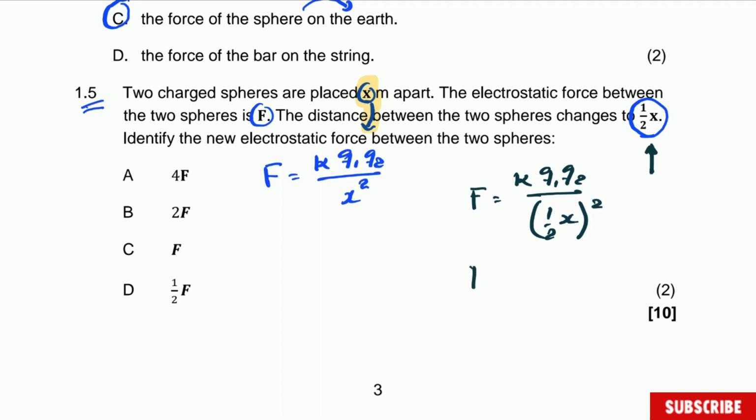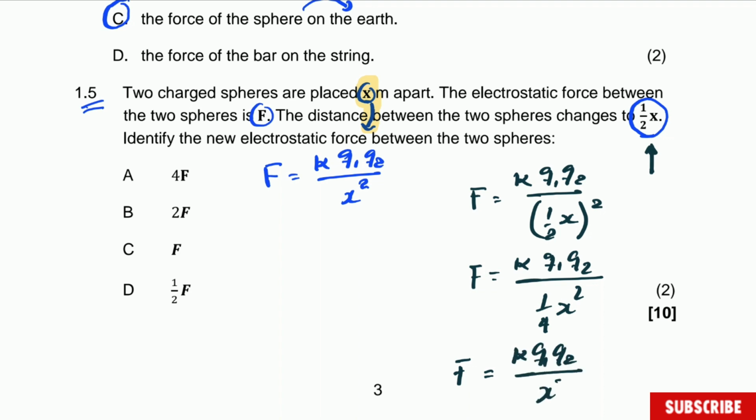When you solve this one, you have that the force is equal to K, product of Q1 Q2, divided by 1/4 of x squared. And then when you solve this one, you have to multiply by the inverse. So it's equal to K Q1 Q2 divided by x squared, multiplied by 4.